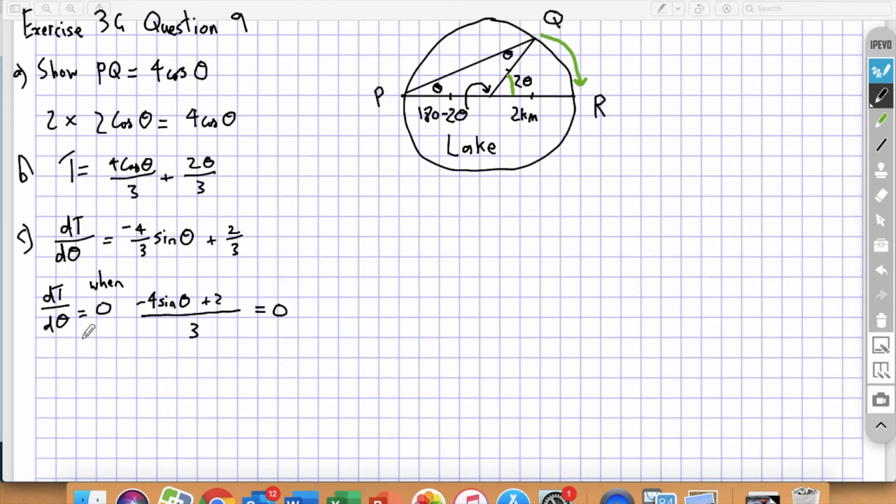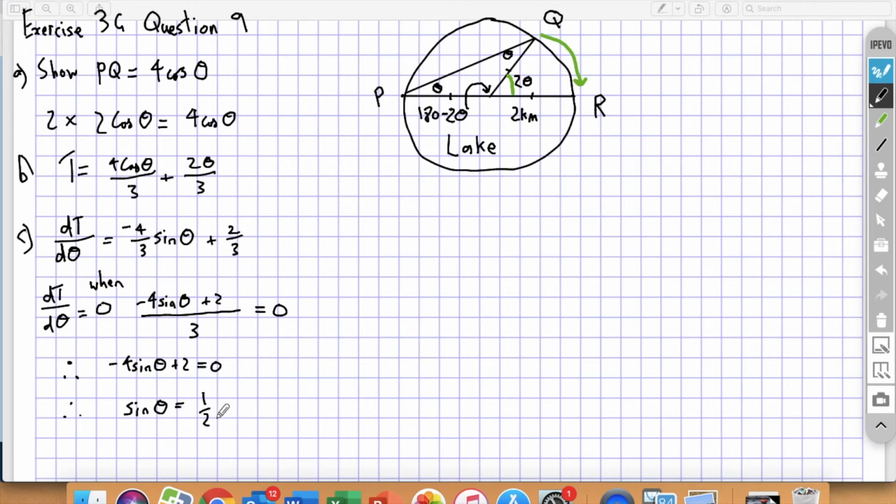Well, therefore, right, we would have minus 4 sine theta plus 2 equal to 0. Because how am I going to make this fraction 0? I just need to make the numerator 0, just the top. Okay, therefore, sine theta has to equal 1/2.